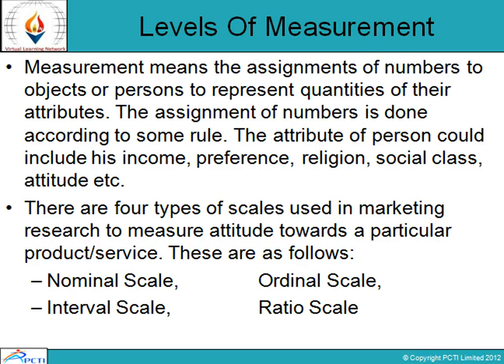The attributes could be income, preference, religion, class. Similarly, they could measure a product's speed, color, size, flavor. So it is the characteristics of the buyer or the product which need to be measured, and not the person or the product itself.